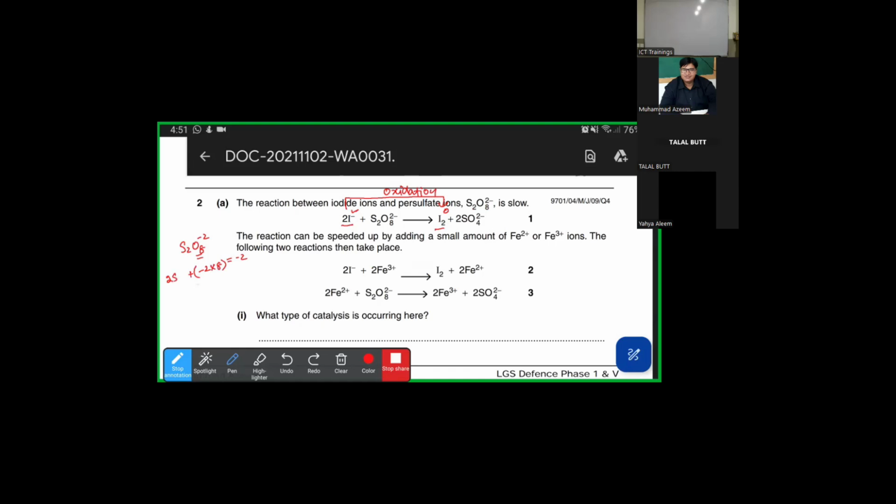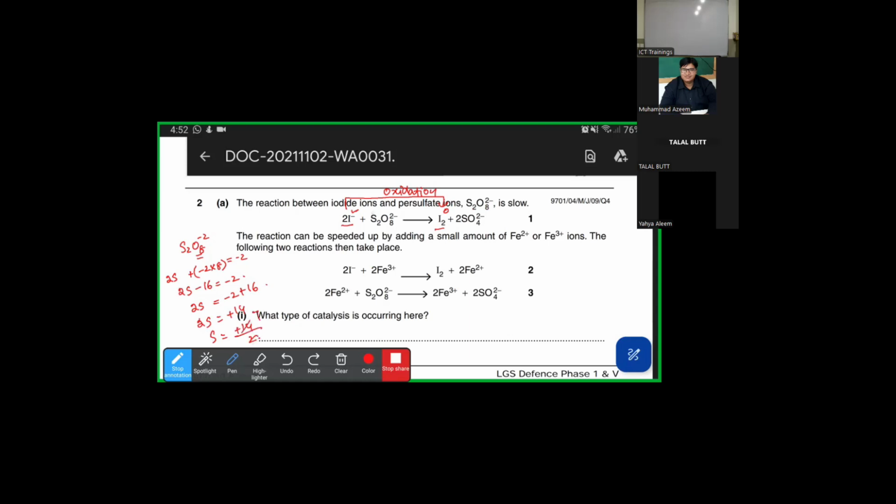So 2 times sulfur plus minus 16 is equal to minus 2. So minus 16 will go on the other side to become plus 16. So 2S is equal to plus 14. So 2 would be divided on the other side, plus 14 divided by 2, so it would be plus 7.